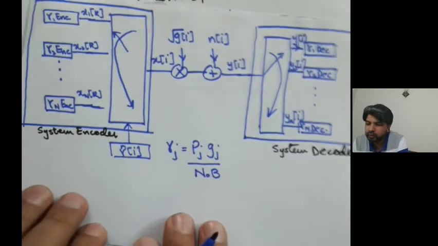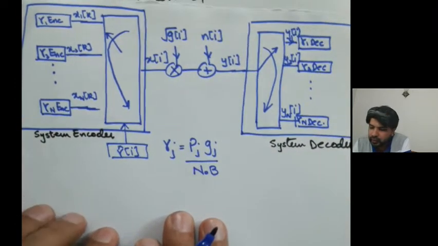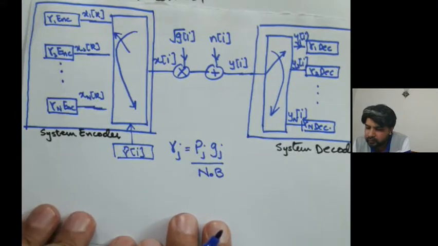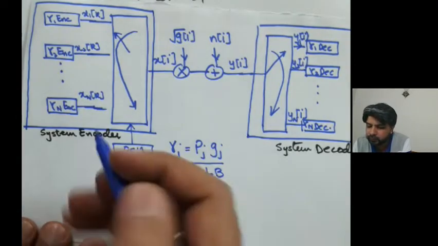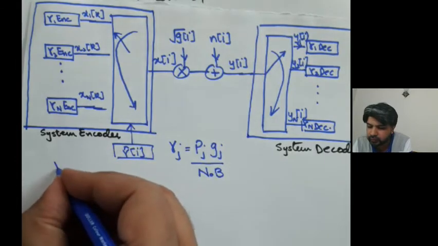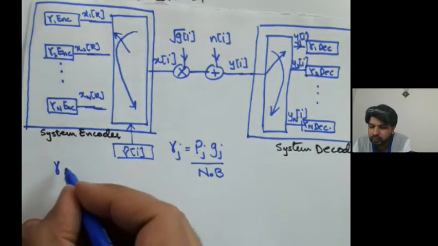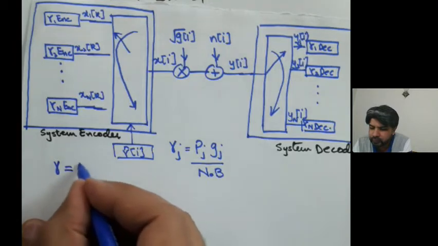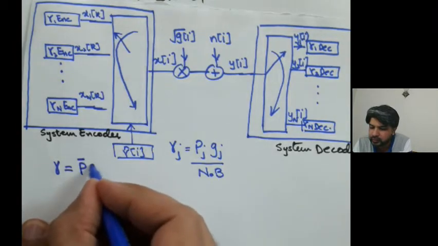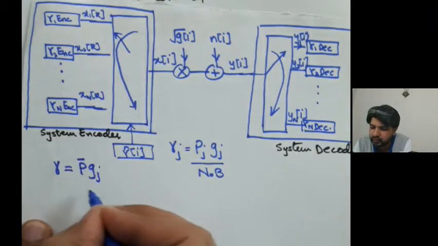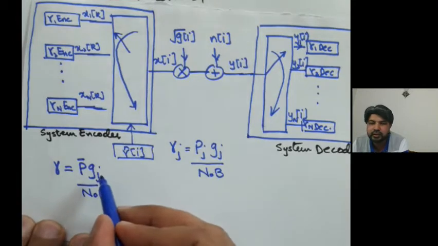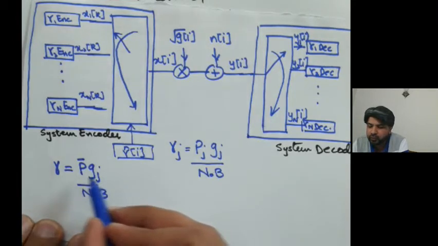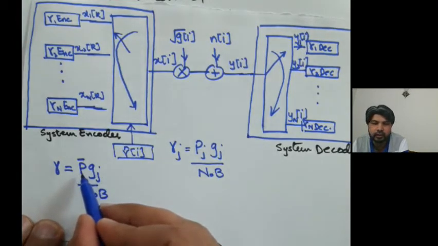However, we would tweak this a little, as has been done by the author of the textbook. We would define another variable gamma to be equals to P bar times Gj over N naught B, where gamma, you can see, is the instantaneous signal to noise ratio when P bar is transmitted always.